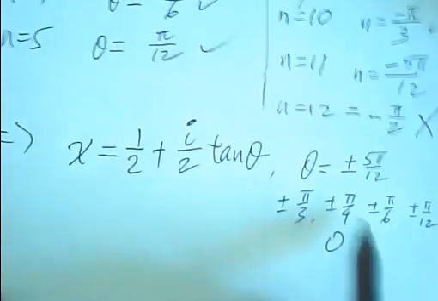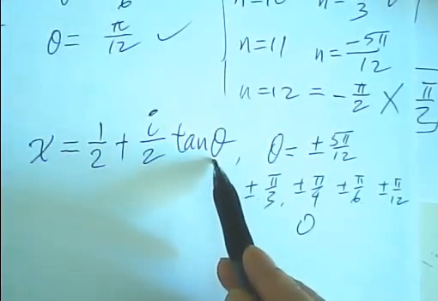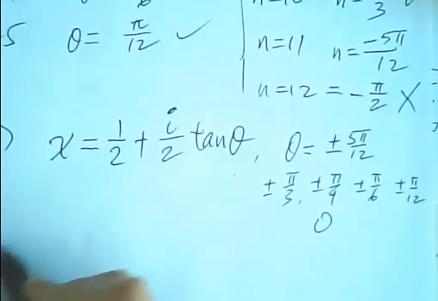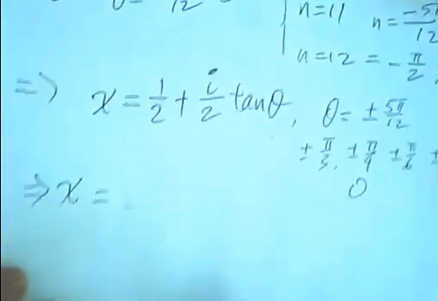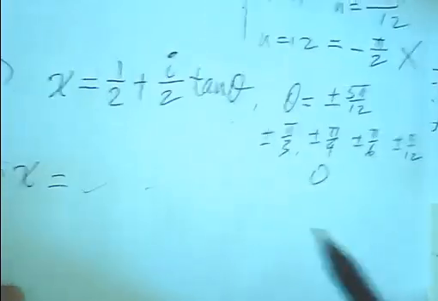If you put these angles into this theta, we find the 11 roots, same thing as we did in the first method.